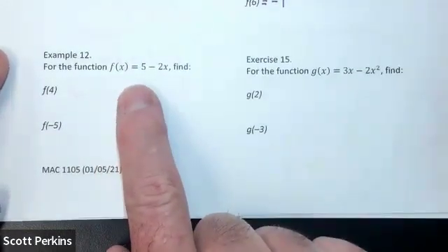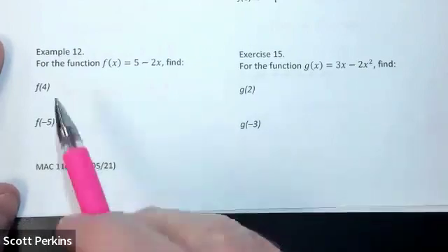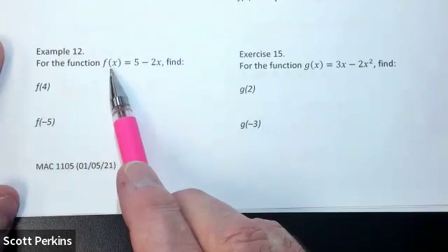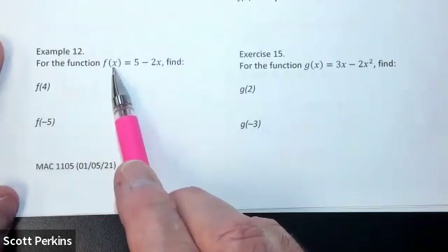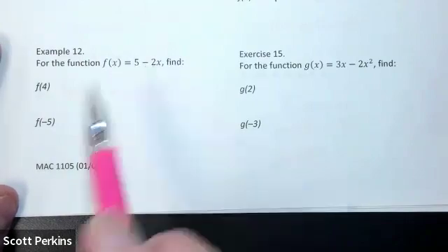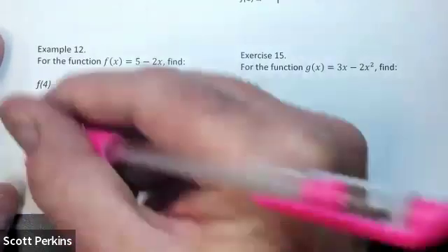What if my function is given to me as an equation? So this problem in example 12 says my function, the way my x's and y's relate is when I input an x, the y value is going to be defined like this, 5 minus 2 times x. So when I put in 4, here's what I like to do.